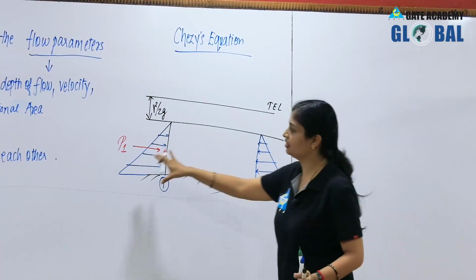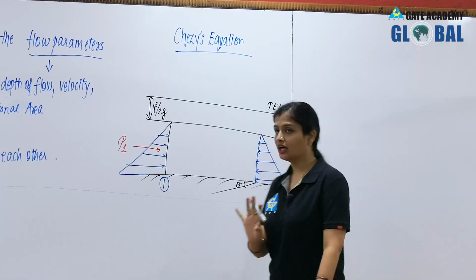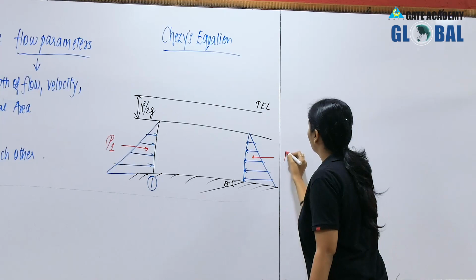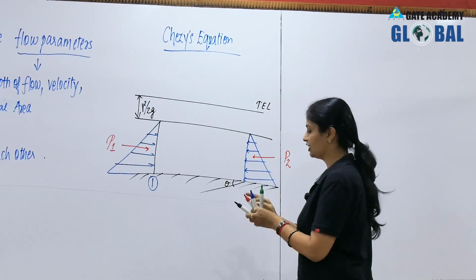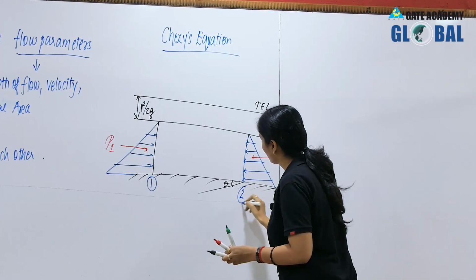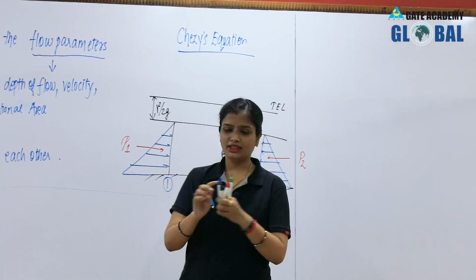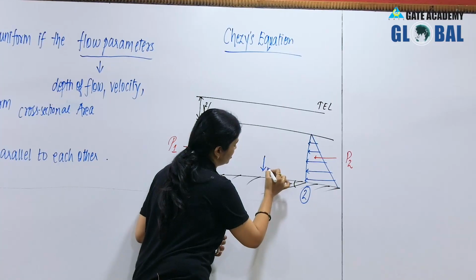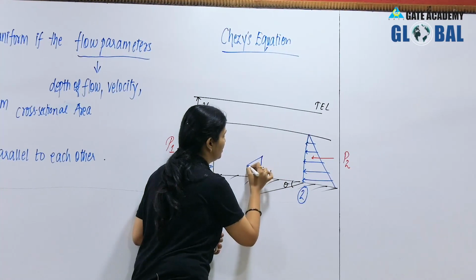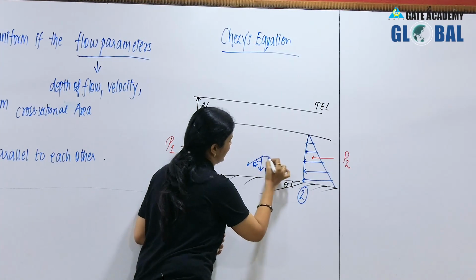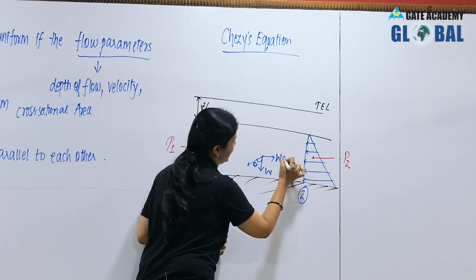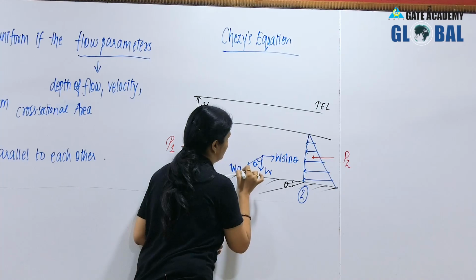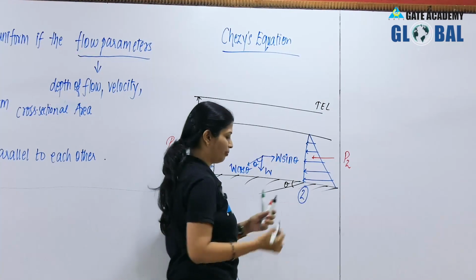For me, P1 is the pressure force at section 1, and this is P2, the pressure force at section 2. The weight W is acting vertically downwards, so I will resolve it into two components, W sin theta and W cos theta.